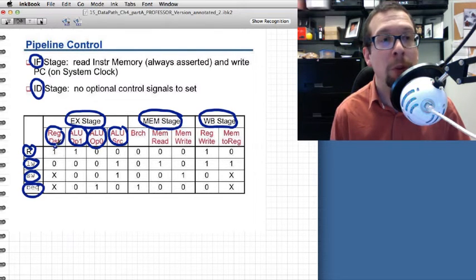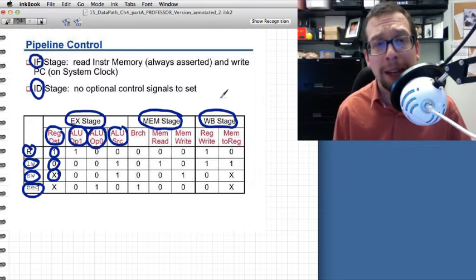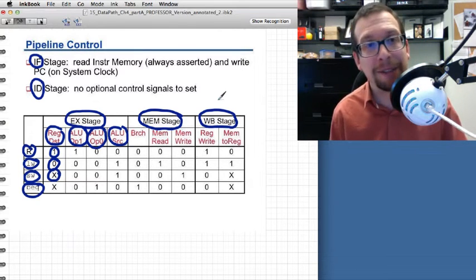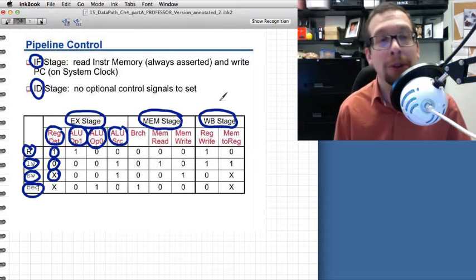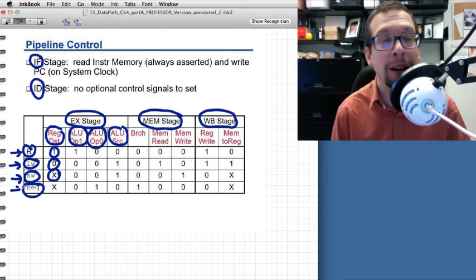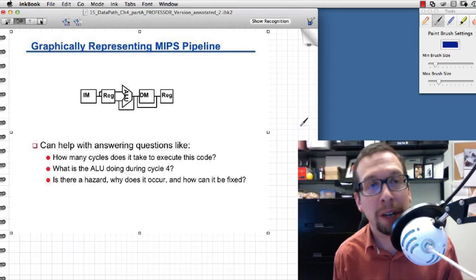And remember that 1 is a logic 1, 0 is a logic 0, X is a don't care. It could be any value, it doesn't really matter. And so those engage at different points in time, in different stages, in order to make sure that the flow of data is correct for the particular type of instruction that we are executing in that portion of the pipeline. Okay, so sometimes it helps to graphically represent a pipeline in, for instance, a MIPS architecture.